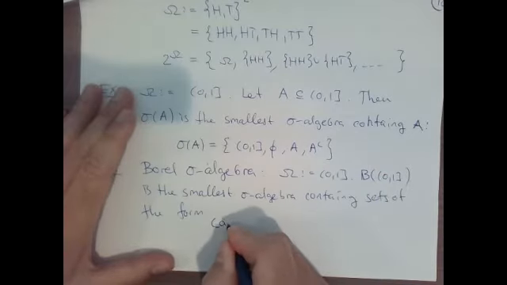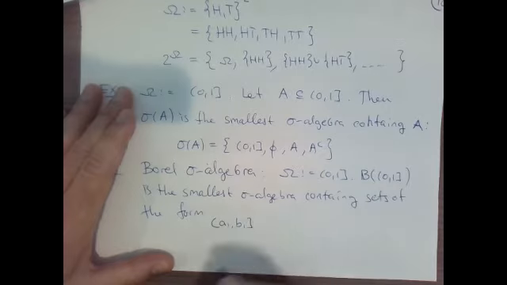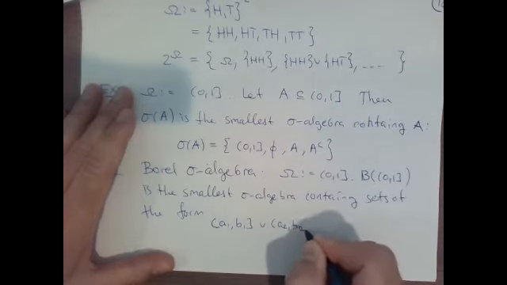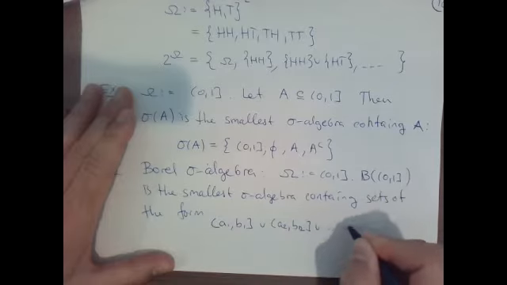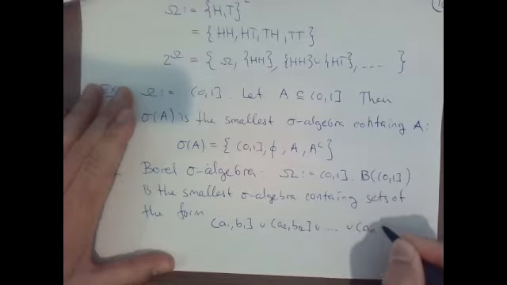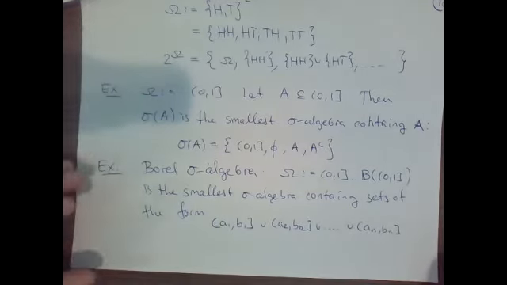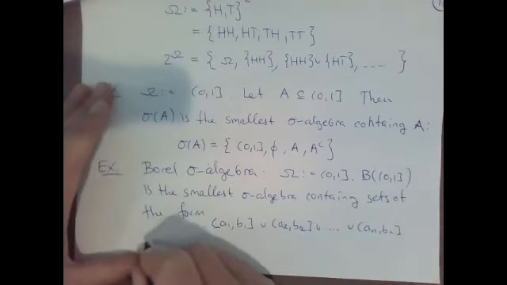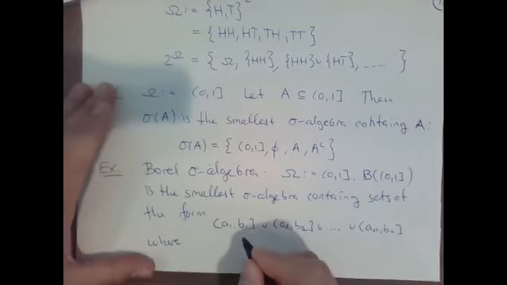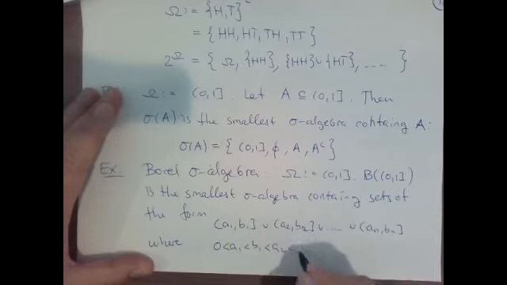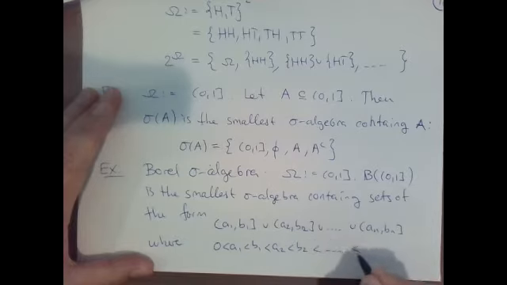A1 to B1 union A2 to B2 union up to, say, AN to BN, where we have 0, A1, B1, A2, B2, up to 1.